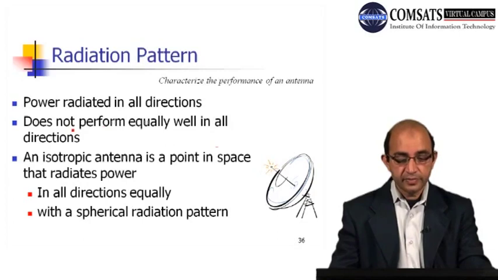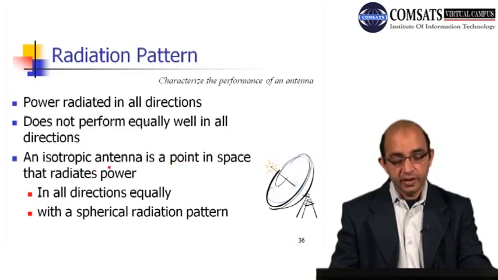For example, in cellular communication we have an antenna at the tower that transmits in a certain cell. If we have a cellular phone within that cell, we can receive signals from that antenna.